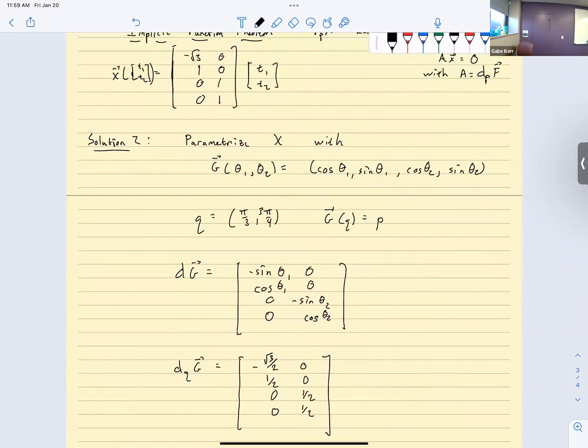Yeah, it's half of the parametrization we have up here. This matrix and this matrix are almost the same. One is just scaled by 2 of the other.